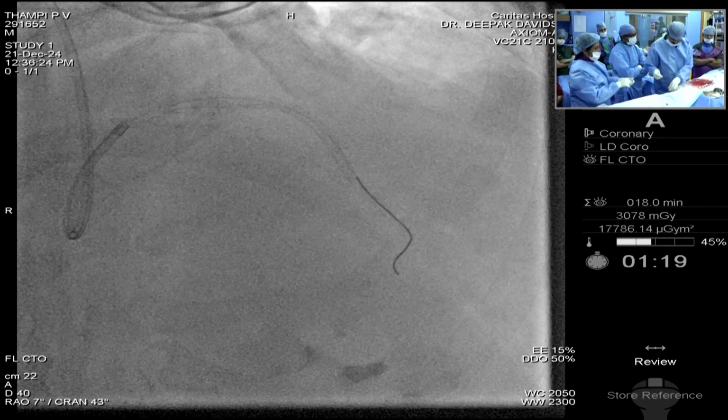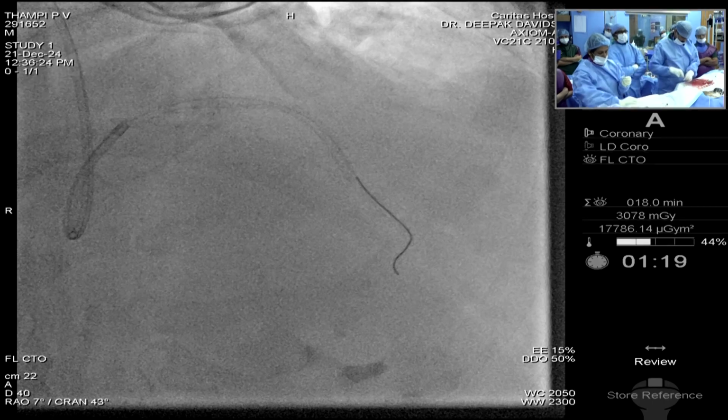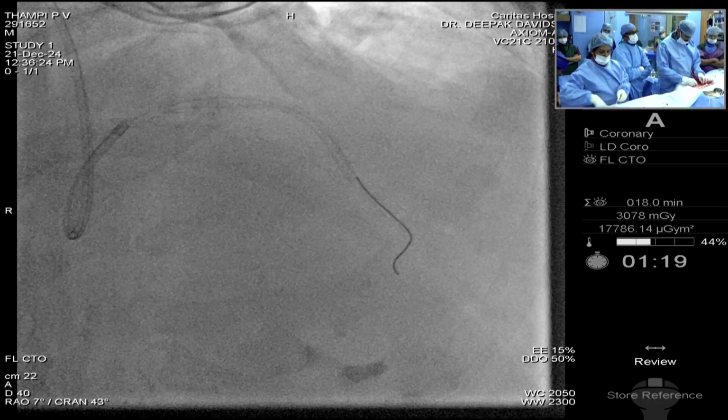Three balloon. Then just for the ostium, we'll go with the 3.5 at low pressures. 3.5. Yeah.